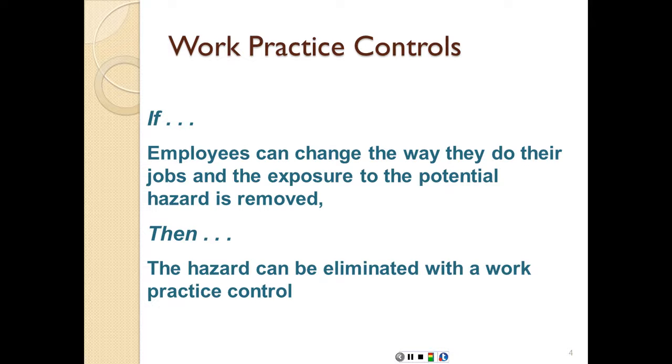The proper way is to bend the knees and to let the legs carry the load rather than the back. The incorrect way of doing it is to lock the knees and put all the load on the back. So it's just the work practice control without the provision of any personal protective equipment, just by teaching people how to do the job in a more correct way that can reduce the amount of injuries.